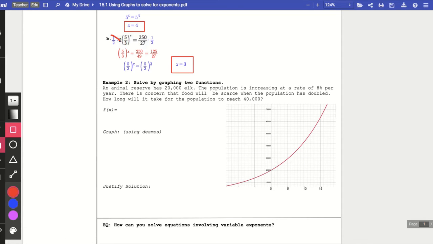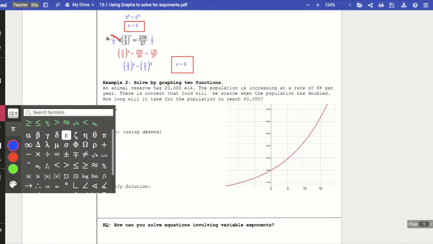For f of x, let's think about what the population is going to be. We know it starts out with 20,000 elk, and it's increasing at a rate of 8% per year. Since it's increasing, we multiply by 1.08 each time. So my a is 20,000 and my b is 1.08.